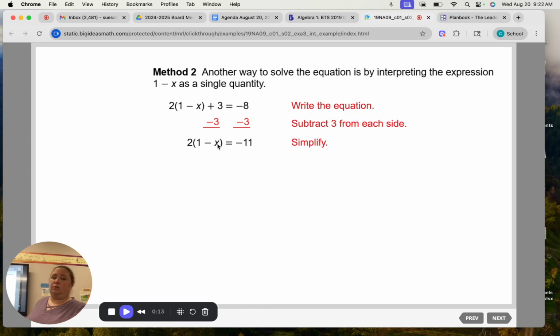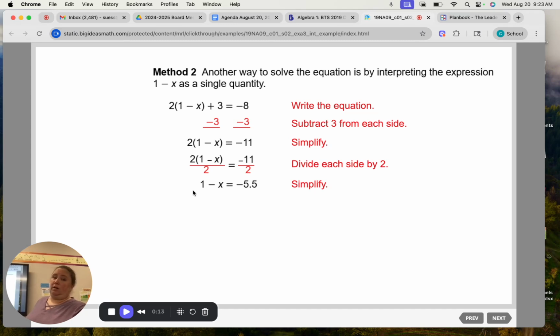So in order to get the 2 away from this, what is this 2 doing right now technically? Outside of parentheses, it means it's multiplying. So opposite of multiply is divide. So then you divide by 2 from both sides. So then you're left with 1 minus x equals negative 5.5.